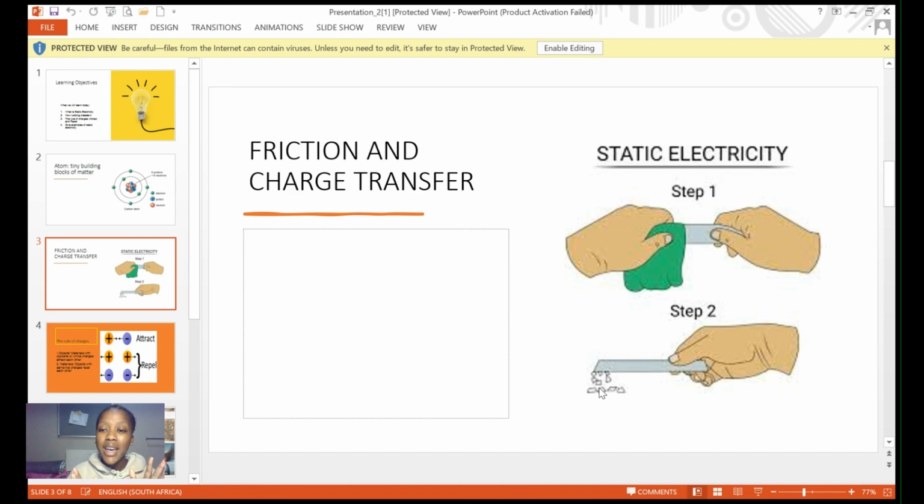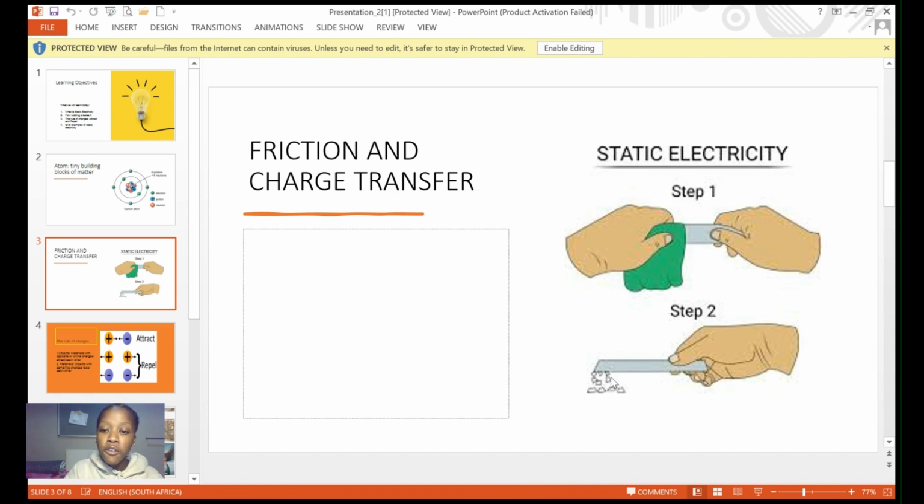Now that your ruler is charged, there are tiny pieces of paper here. Firstly, remember your tiny pieces of paper, they are neutral. So in order for those papers to be attracted to your ruler, the ruler first needs to be charged. And that's what happened at step one. We saw that your ruler is charged, now it is being moved towards what?